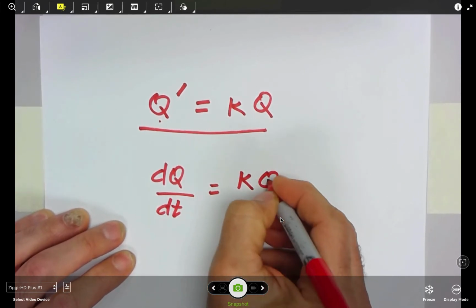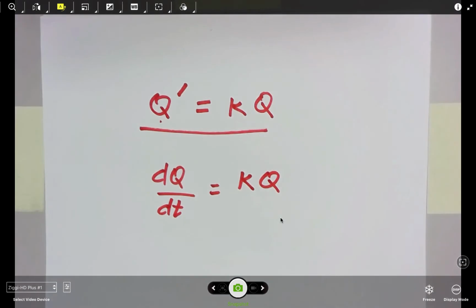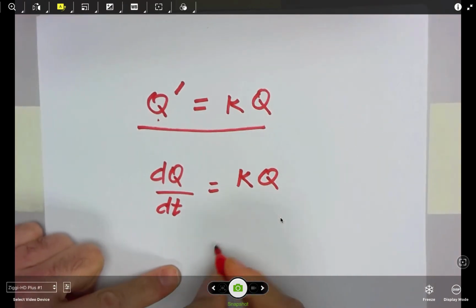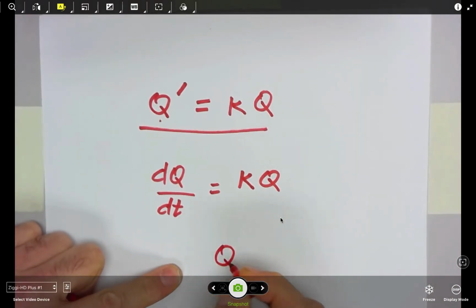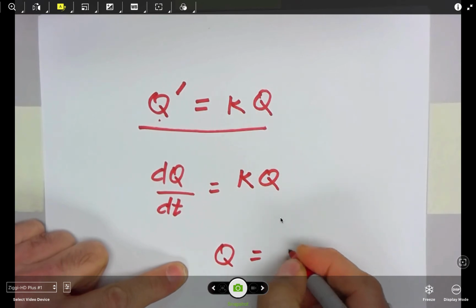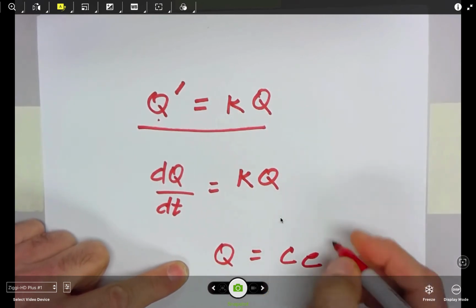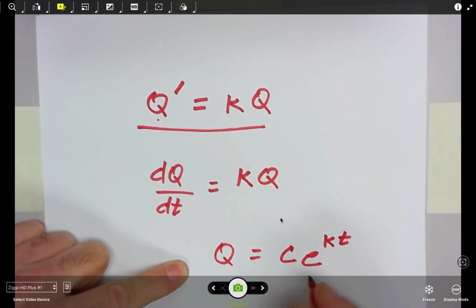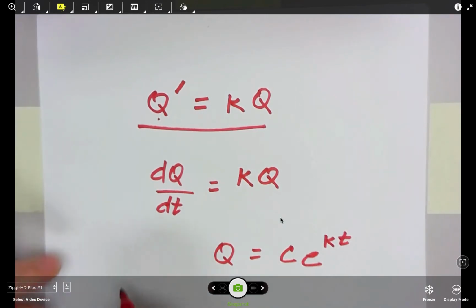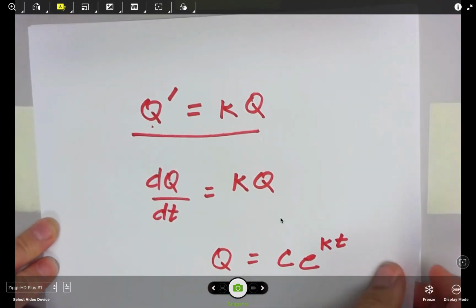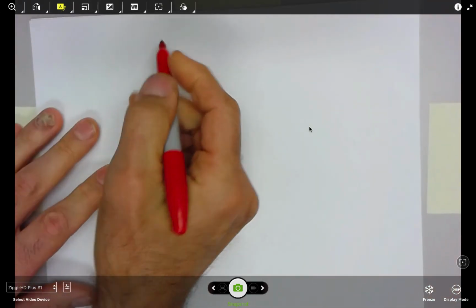Here's another way to write down that equation. You've seen this equation in calculus. We've actually solved the simplest of differential equations in calculus, and you could just by guessing find that the solution is Q equals some arbitrary constant C times e to the kt. Let's check.